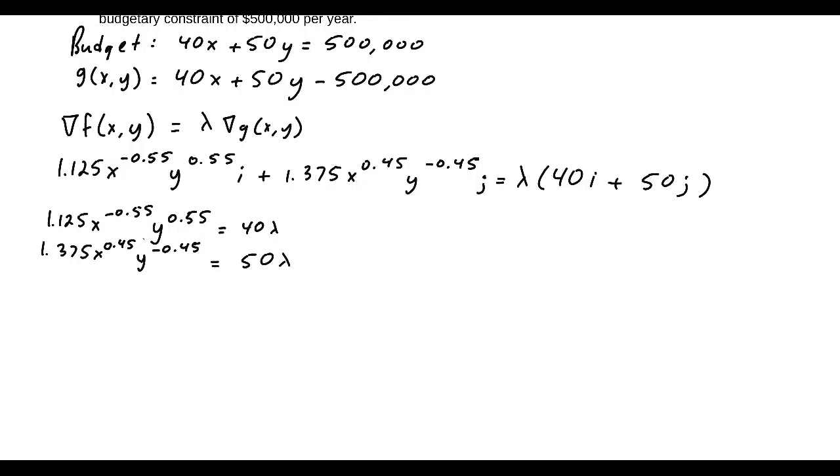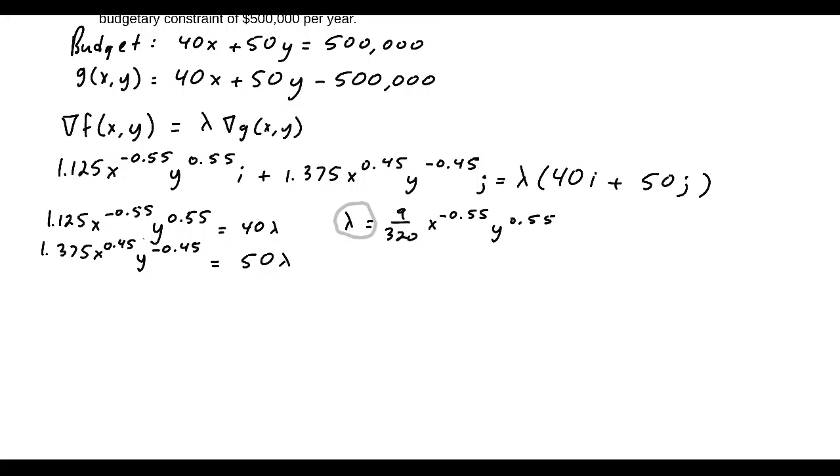So that means that we have lambda is equal to 9 over 320 x to the negative 0.55 exponent y to the positive 0.55 is going to be equal to the second equation, solve for lambda.